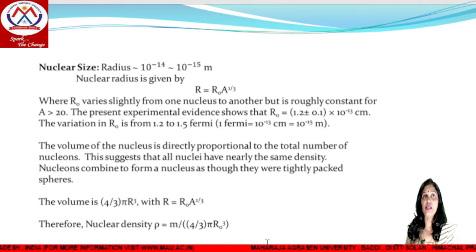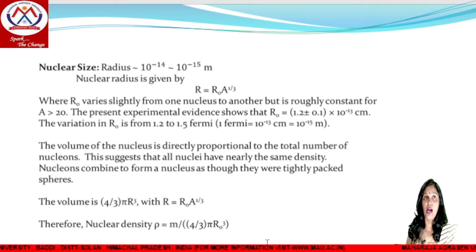Present experimental evidence shows that R naught is equal to 1.2 plus or minus 0.1 into 10 raised to the minus 13 centimeter, and the variation in R naught is from 1.2 to 1.5 Fermi. Thus, the volume of the nucleus is directly proportional to the total number of nucleons.